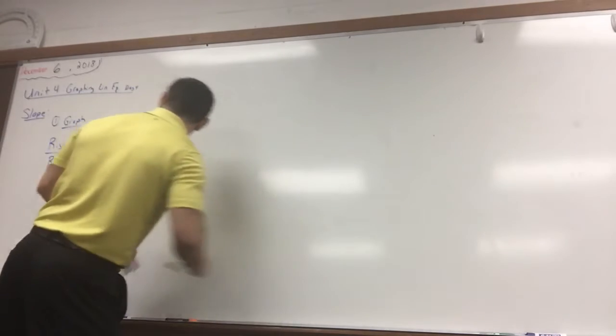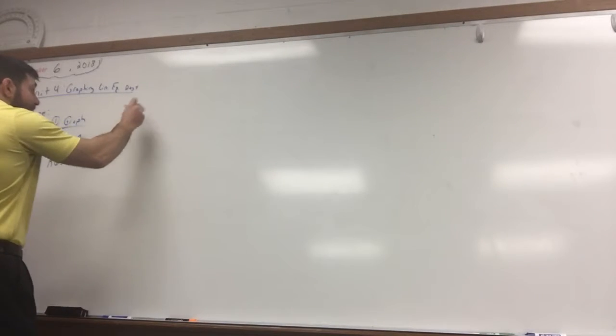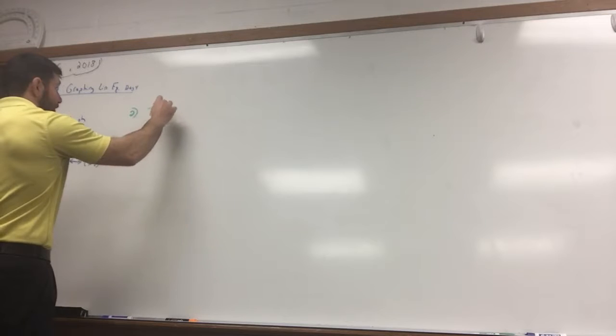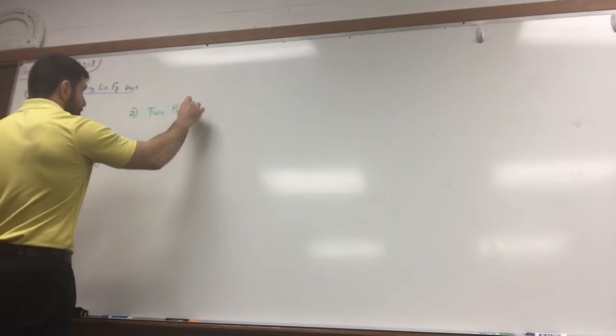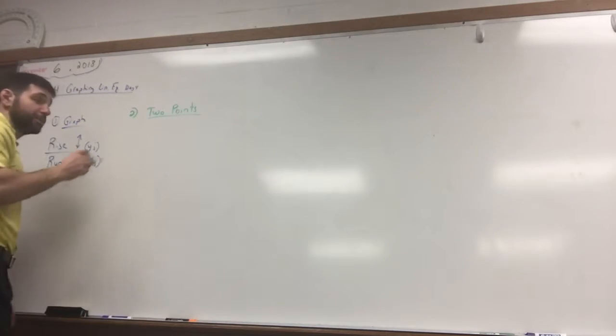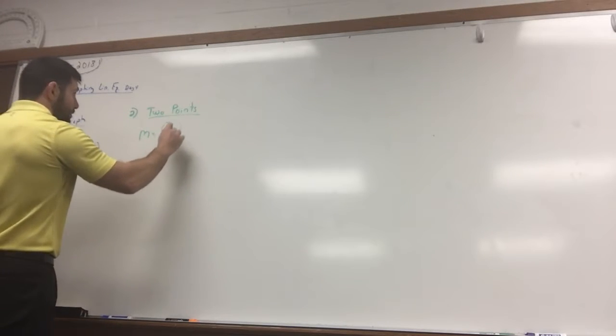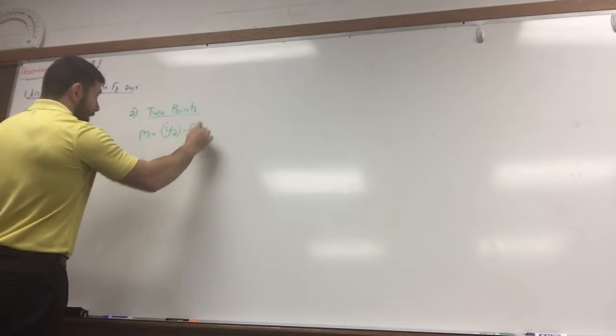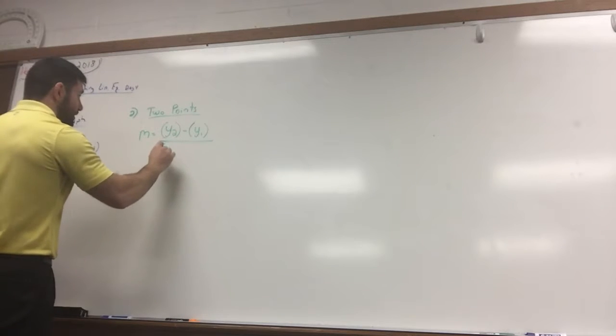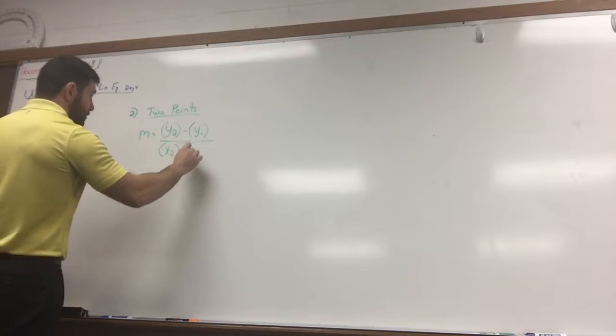Then yesterday, we said we can find slope from 2 points: slope equals y2 minus y1 divided by x2 minus x1.